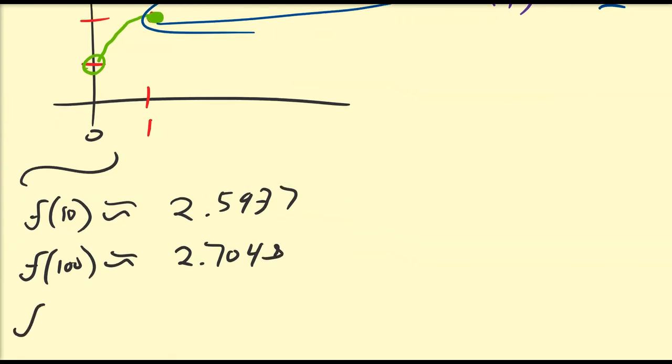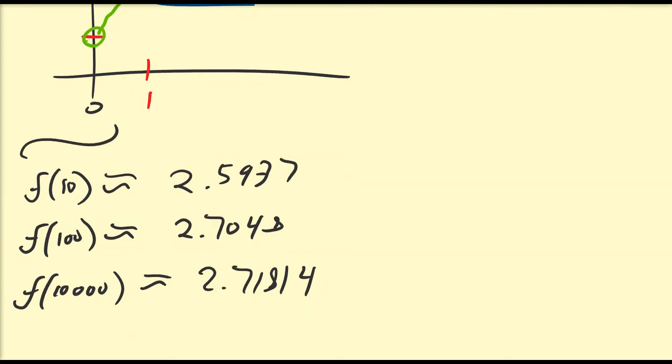And if you plug in, say, 10,000, you're going to see this is approximately equal to 2.71814 or so. All right, so as you see, these numbers are increasing, right?